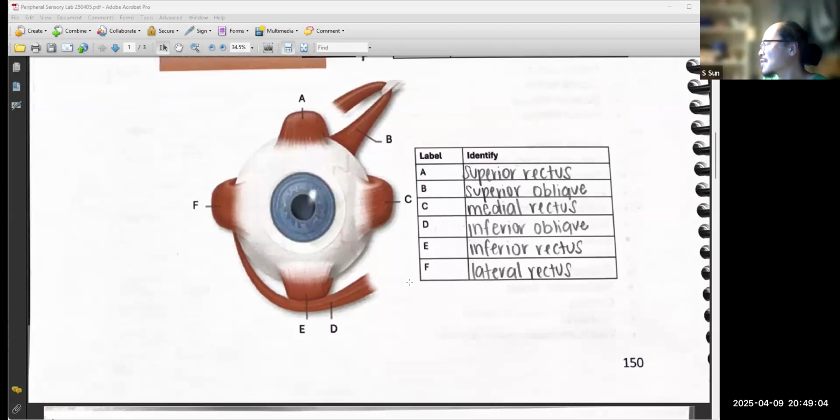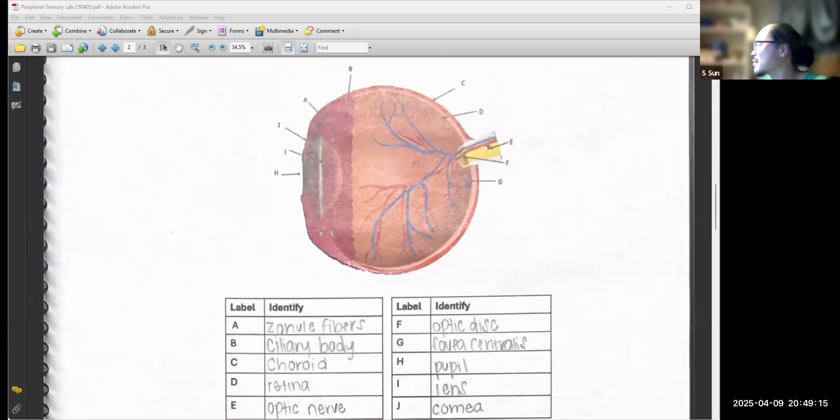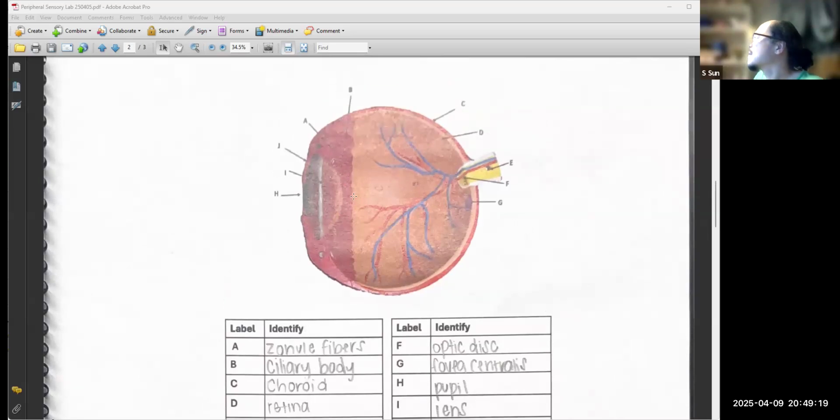Now the next page is the eye, and I think in our lab we have exactly the same picture, so you can use that one as a reference. Let's go over it all together. Here, it's not very clear what it's pointing at, but in your book it's probably easier.